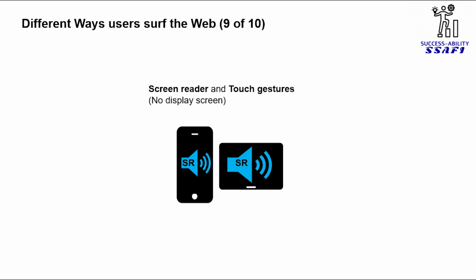Before we proceed with reviewing the ninth web user group, let's take a few minutes to recognize how much mobile devices have revolutionized the way that all of us surf the web today. This is even more significant for users with disabilities because handheld devices have opened doors to a whole new spectrum of interactions.